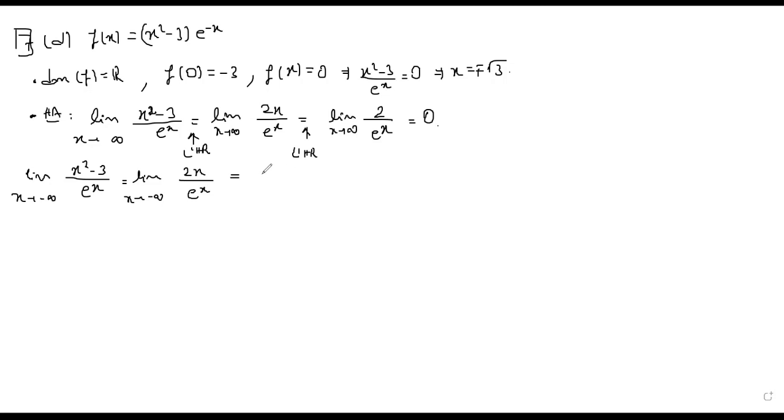So we apply the rule again, infinity over infinity. So we have 2 over e to the x. All right, now when x is approaching minus infinity, e to the x is approaching 0. So we have 2 over 0, which gives plus infinity. All right, so the only horizontal asymptote is y equals 0. Okay, which means the x-axis.